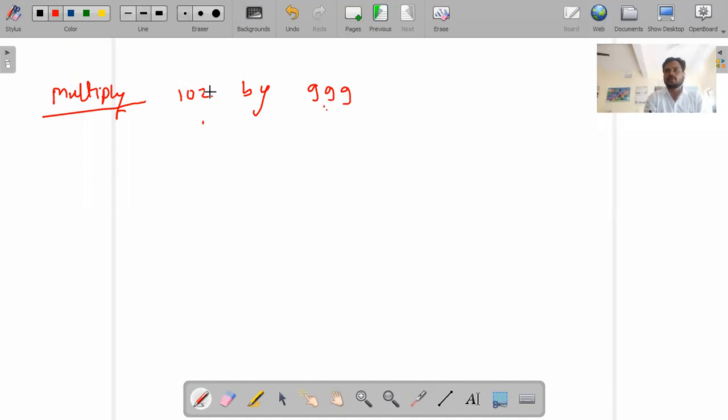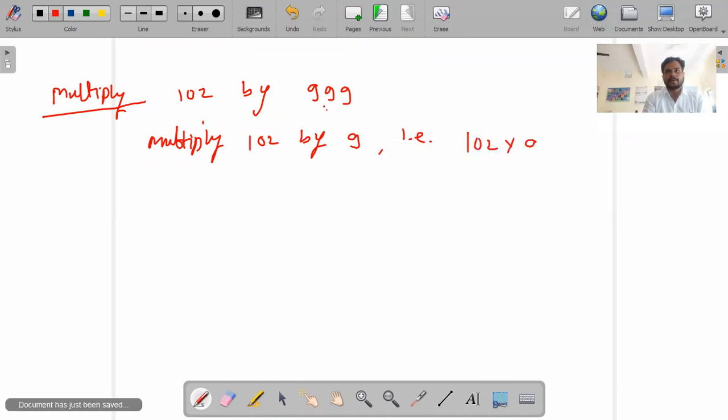If I multiply this 102 with 9, the obtained number will be less than 1000, and the other number is also less than 1000. So what will be 102 into 9? Yes, 918.